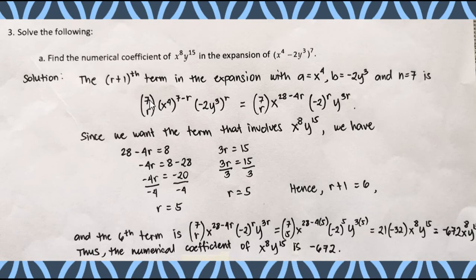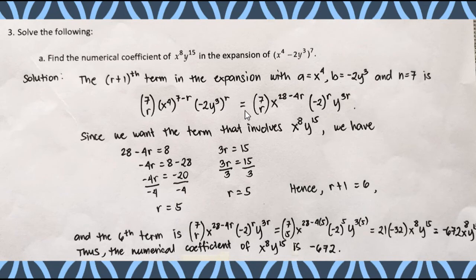Okay, 7 given r at a time, since given naman natong n which is 7, and we have to get what is r, times x to the power of 4 to the power of 7 minus r. Since n minus r man to, diba? Ato ang binomial theorem. Okay, times ang atong b, negative 2y cubed to the power of r pod.